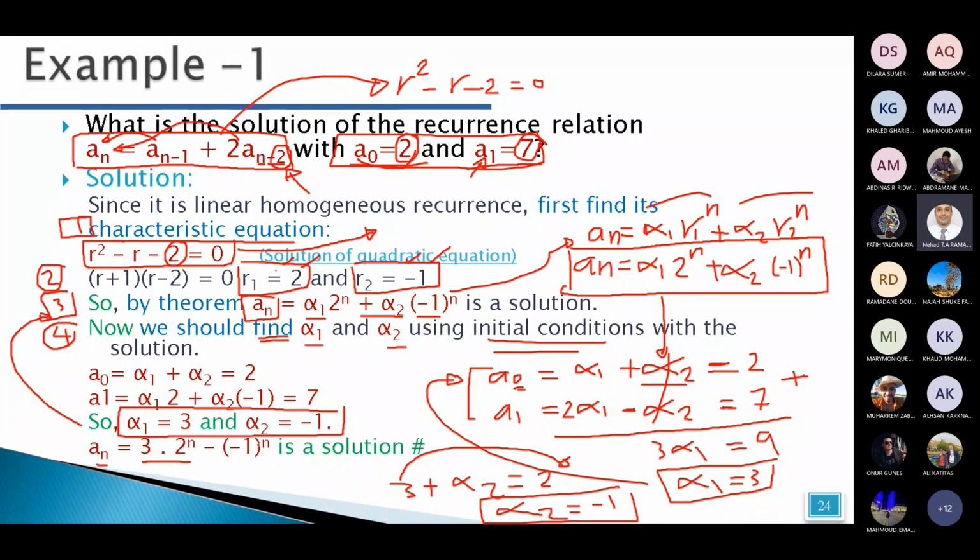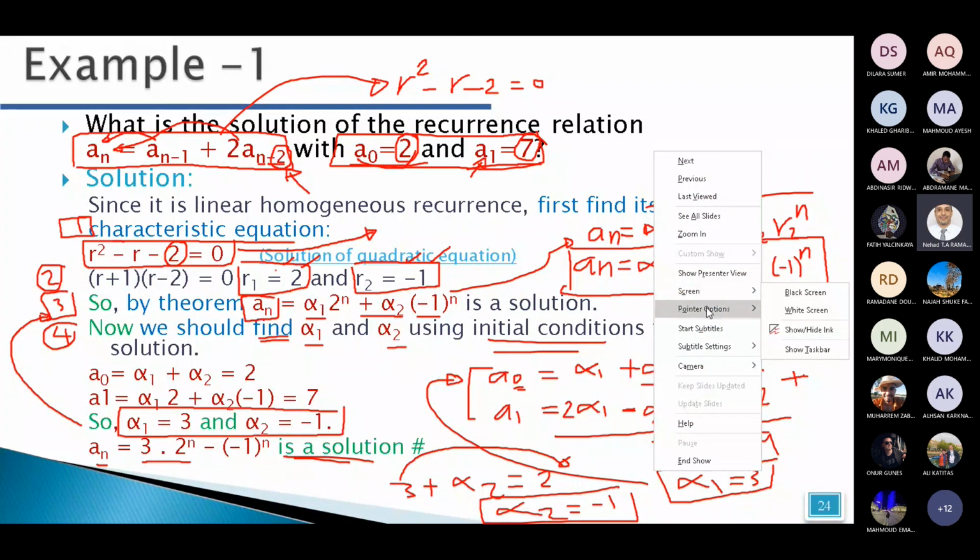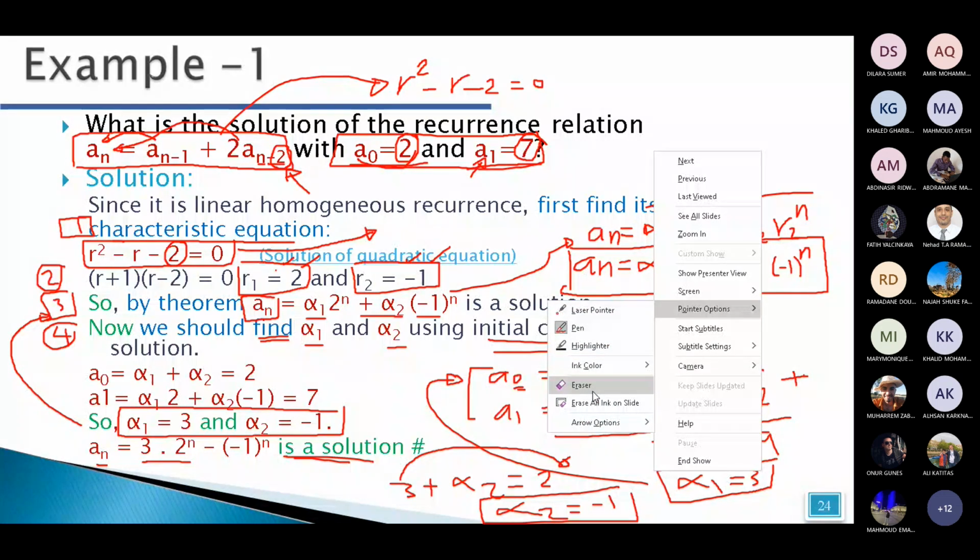So minus 1 power n. This is the solution for this linear recurrence relation. So this is the way to find the solution.